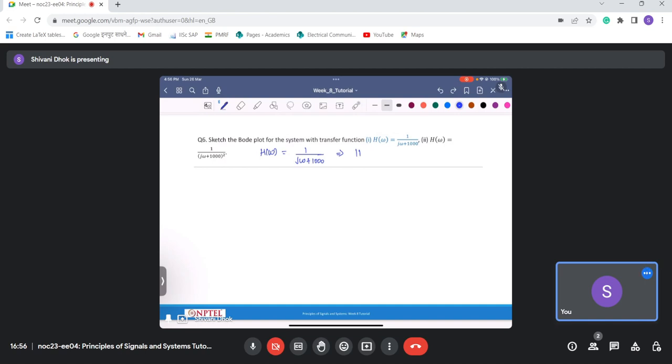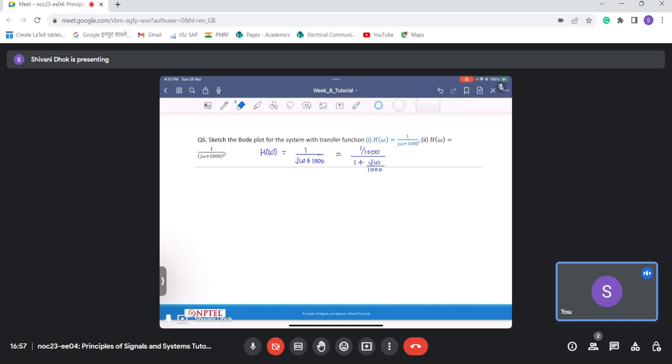I can write this as 1 by 1000 upon 1 plus j omega upon 1000, which implies that mod H of omega is equal to 1 by 1000 whole divided by under root of 1 plus omega by 1000 whole square. Okay, so this is what we are having here.